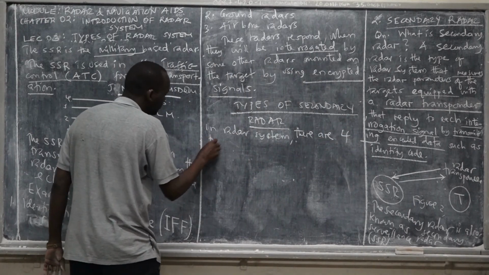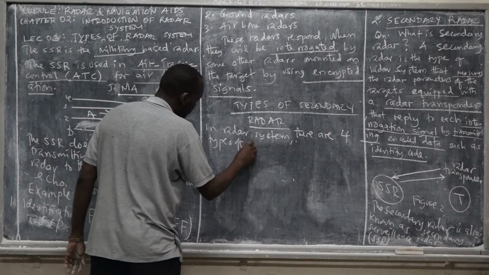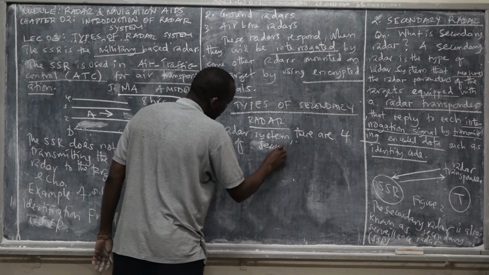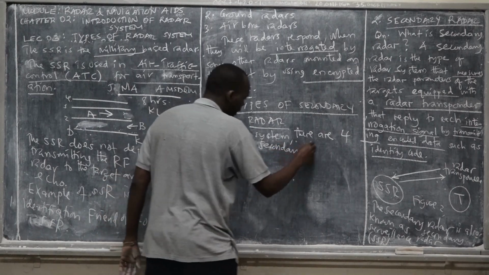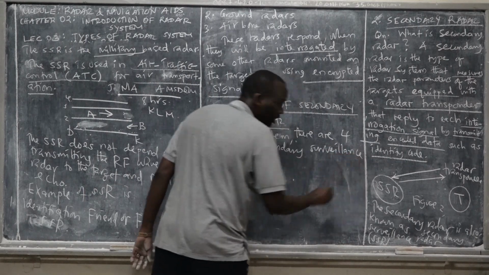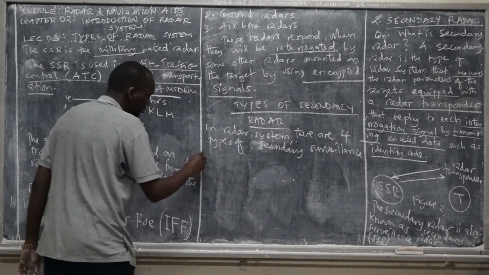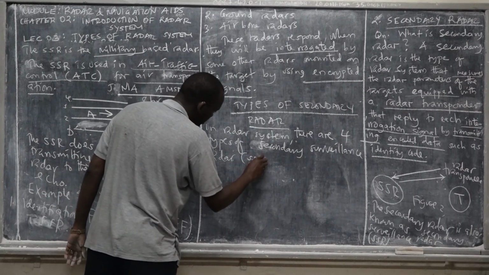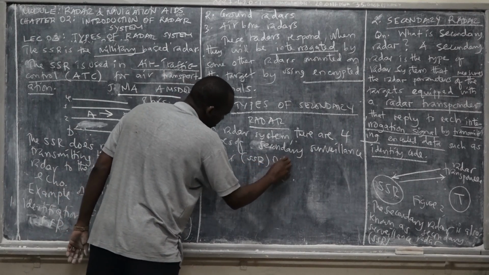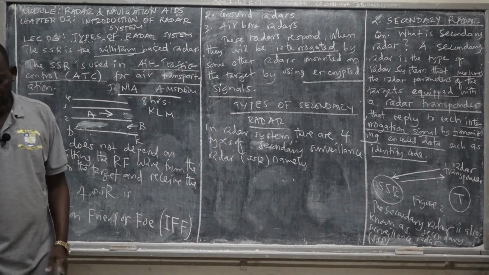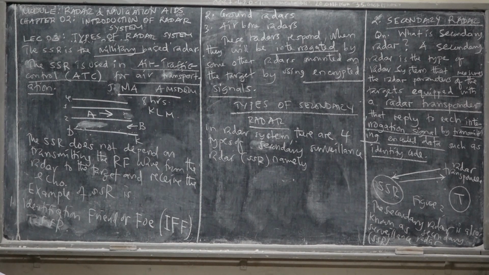There are 4 types of secondary surveillance radar, SSR.